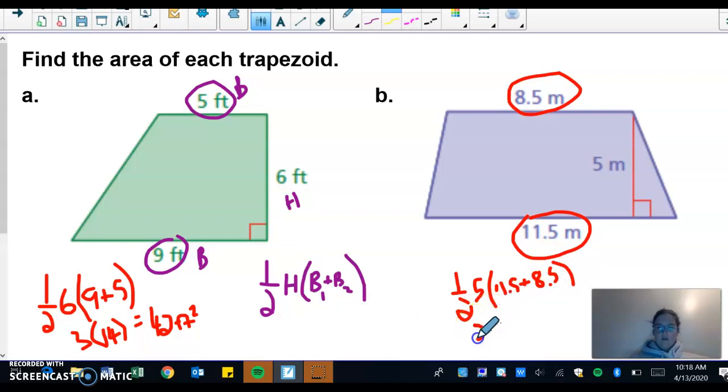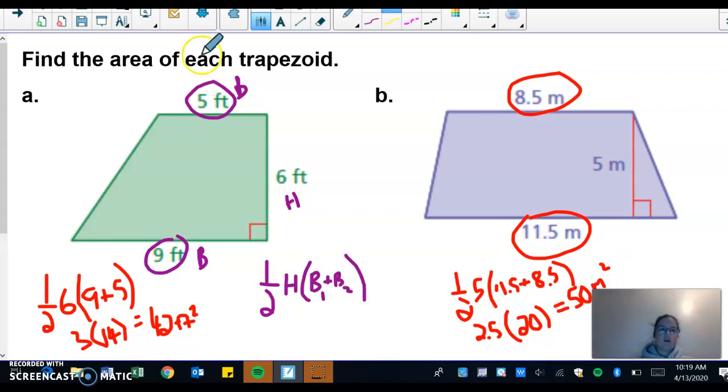So 1/2 of 5 is 2.5. And then 11.5 plus 8.5 is 20. And then 20 times 2.5, that's going to be an area of 50. And then the M for meters is your measurement, so meters squared.